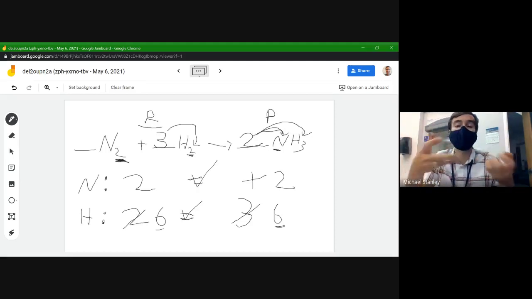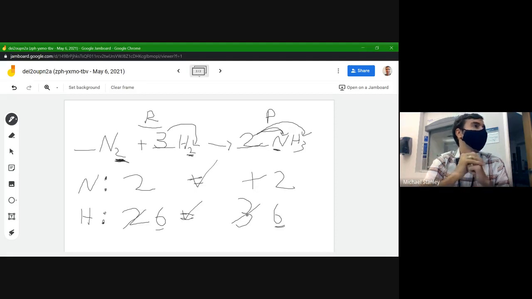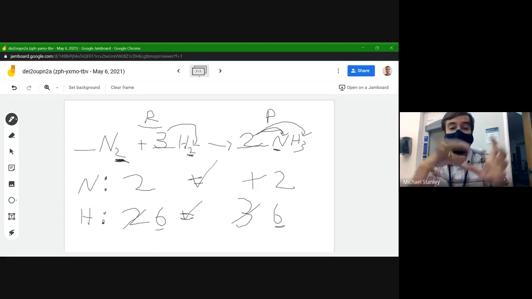So again, we followed the exact same series of steps as last time. We just did it with a little bit different numbers. We figured out to start off with how many nitrogens and hydrogens do we have. We had 2 and 1 nitrogens and 2 and 3 hydrogens. We took a step to try and balance it by messing with the coefficient. In this case, like I said, I recommend starting off with the smaller numbers. And so nitrogen had the smaller numbers.